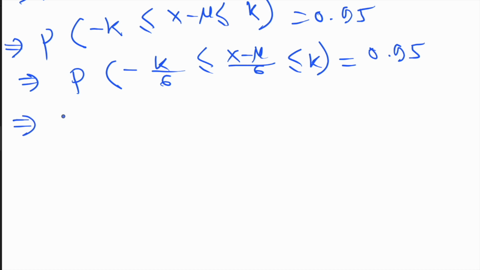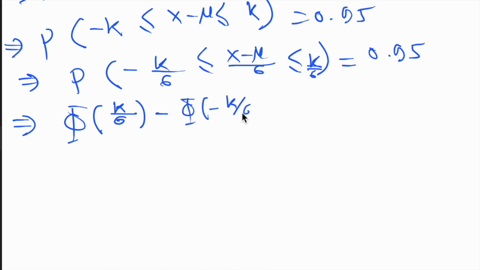So this is phi of k by sigma minus phi of minus k by sigma, such that this is 0.95.